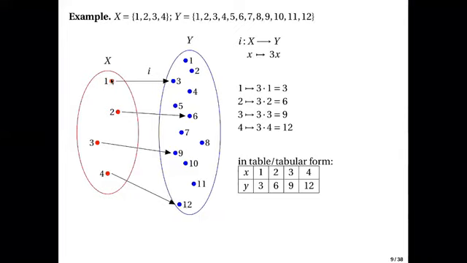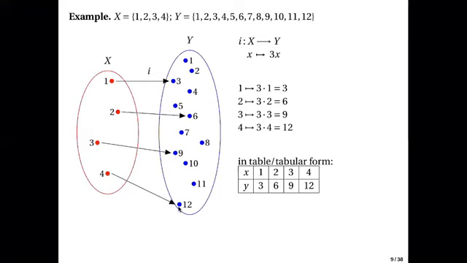So each element of X has at least one partner. In fact, each element of X has a unique partner. The unique partner of 1 is just 3. The unique partner of 2 is just 6. The unique partner of 3 here is just 9. And the unique partner of 4 is just 12.